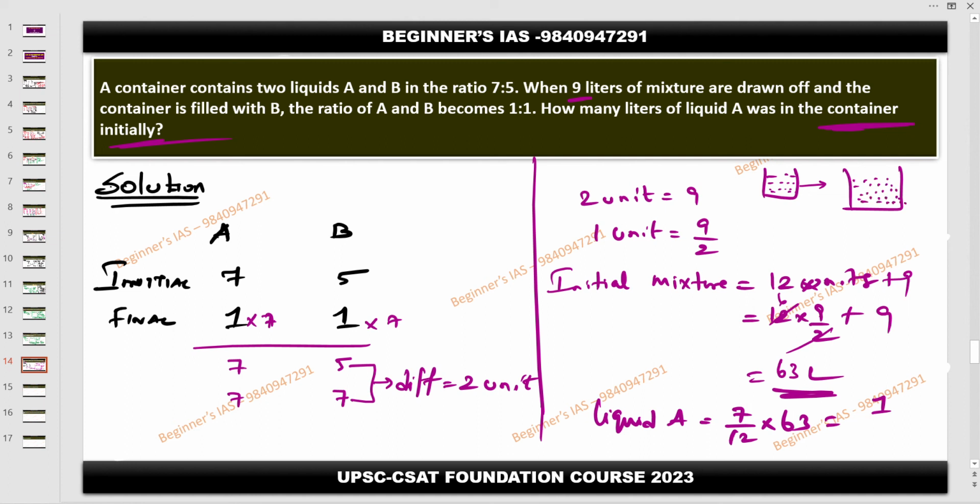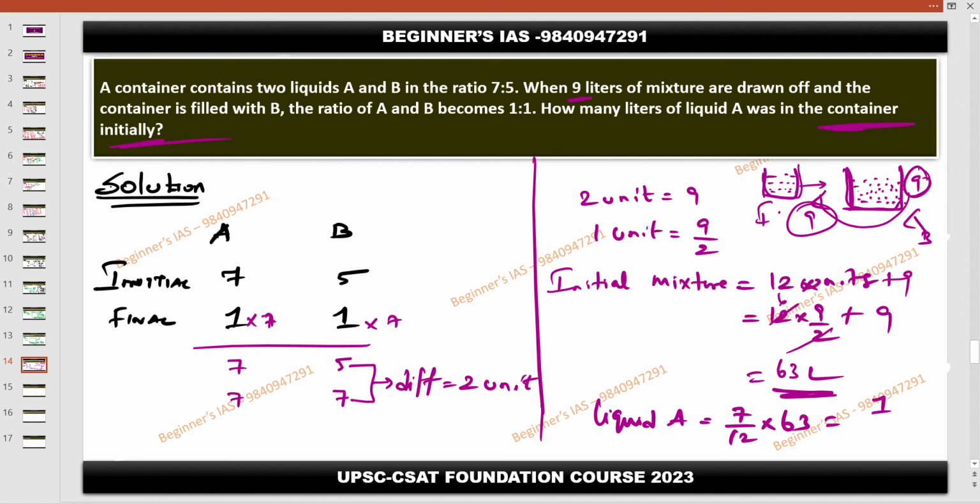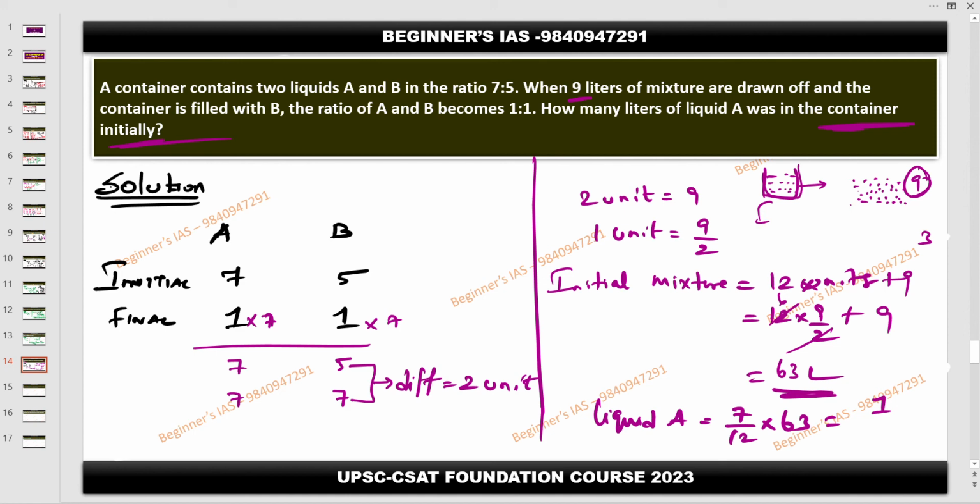You are taking out 9 liters, so what would be the initial? 12 units plus that 9 is going to be the initial mixture.